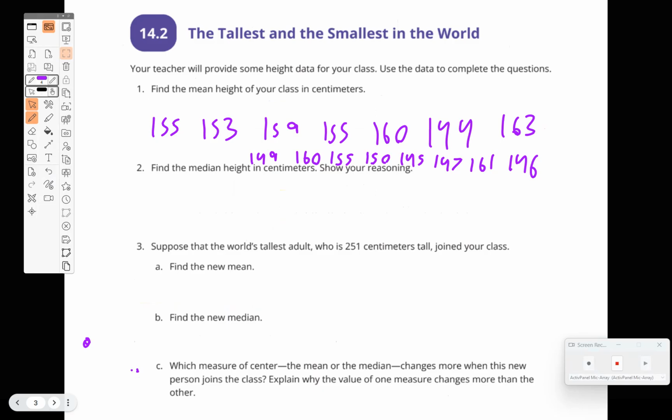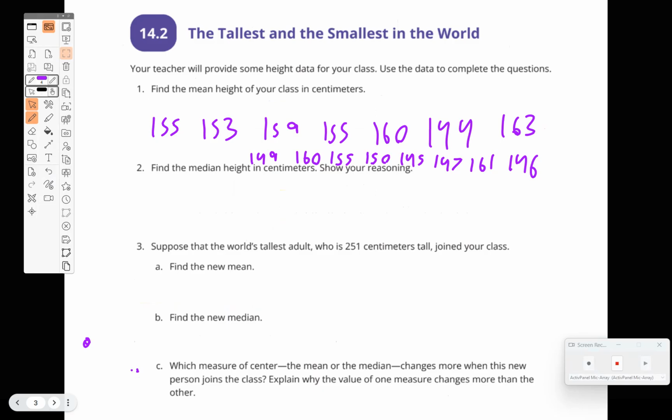No, 145, my bad. 149. 155. There's no 150. Oh yeah, there is. 151. 150, how many 150s are there? 1, 2, 3, 4, 5, 6.